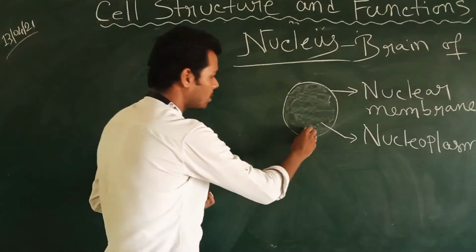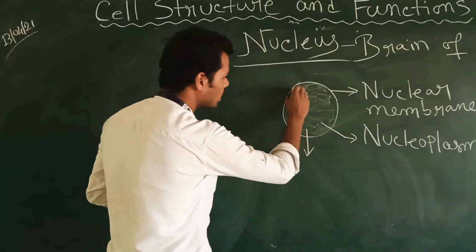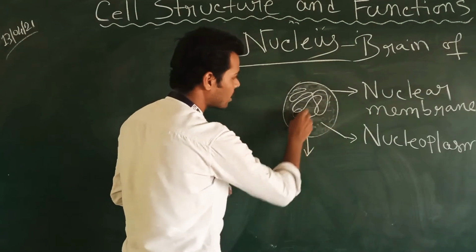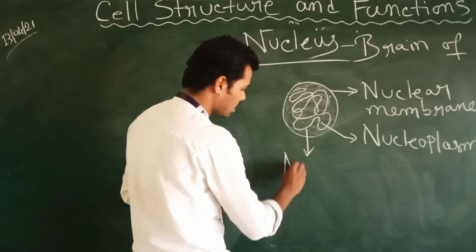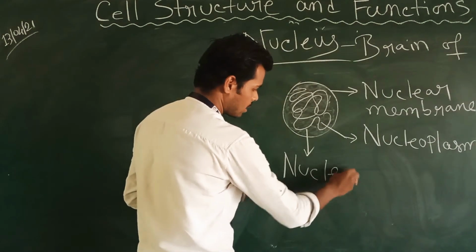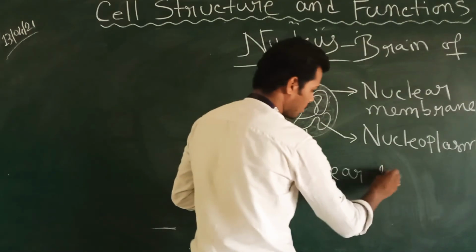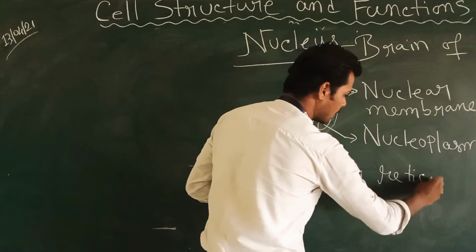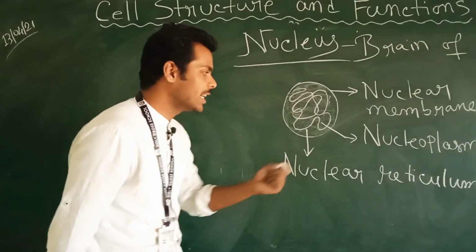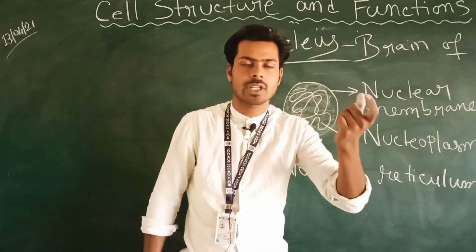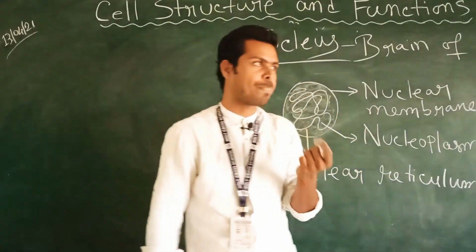Then the nucleus has one thread-like structure spread all around the nucleus, called the nuclear reticulum. These names you have to remember. Nuclear reticulum. Reticulum means the structure which looks like thread.